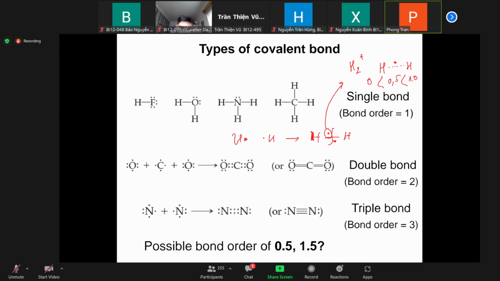Okay, yeah, that's it. So basically, when you have the bond order increase from the single bond, double bond, to triple bond, then the bond gets shorter, and the stabilities of the bonding energy increase. Shorter bond means it becomes stronger, more stable.